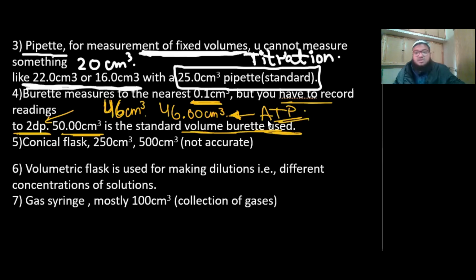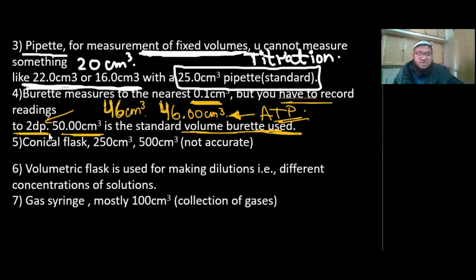The titration experiments in ATP, in all of them, you have to record your readings to 2 decimal places. And not just ATP, but also the practical papers of AS and A levels would require you to record your readings up to 2 decimal places.